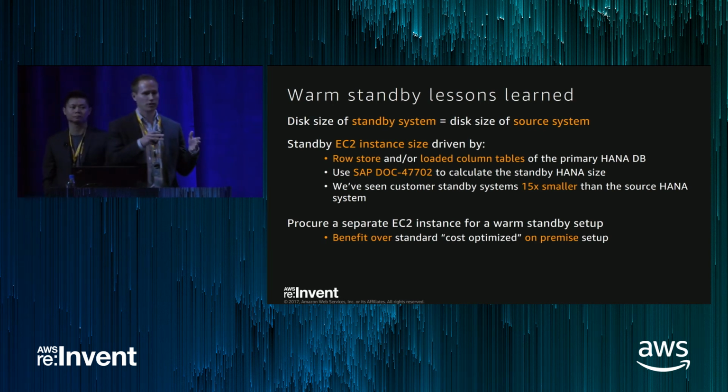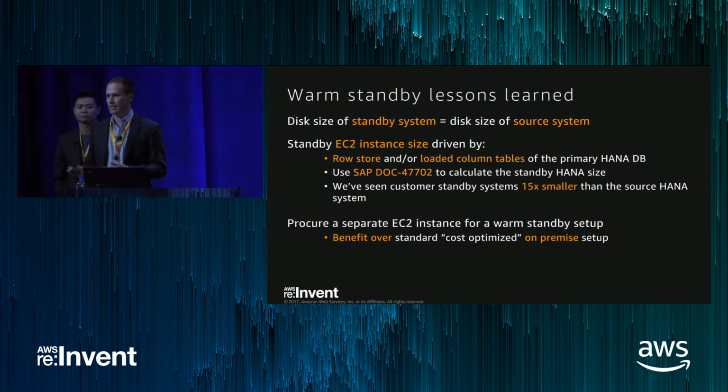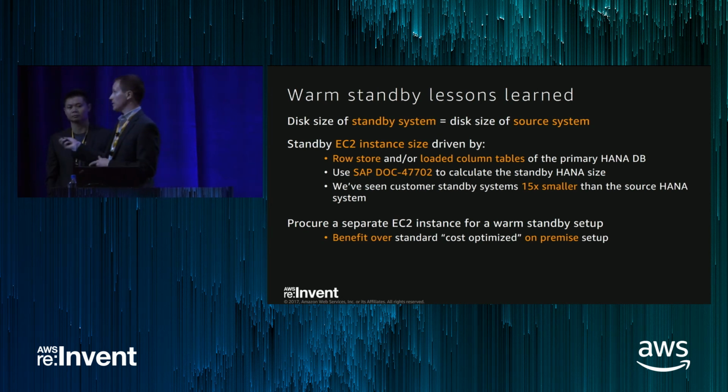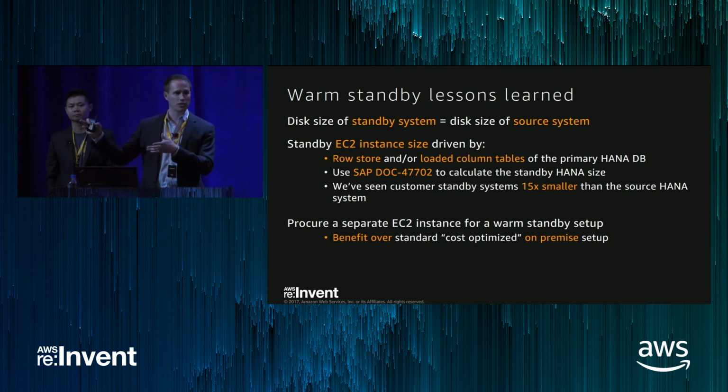So on-prem, using dev or QA, you have the unfortunate incident of actually having to use your disaster recovery system. Well, then you have to rub a little salt in the wound because you've also just lost your dev or QA system, and it's down until either you fix the issue or your data center is fixed. So you don't have to make that distinction in AWS. Just stand up a smaller EC2 instance. Don't co-locate it with an existing dev or QA system.